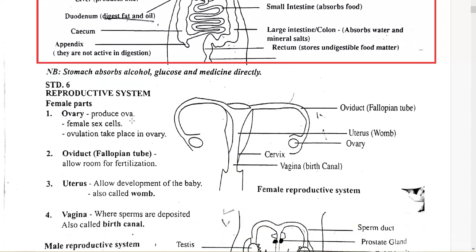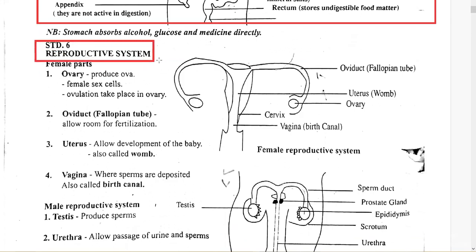And then the reproductive system. This is the female parts of the reproductive system. We have the ovary. This is the ovary.